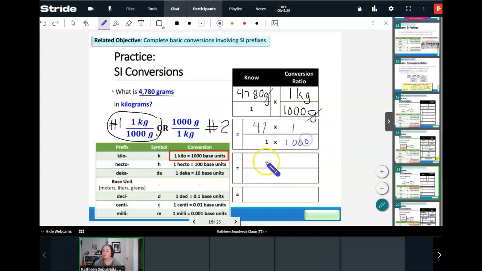I'm going to put 4,780 on top here and 1,000 on the bottom. Now I have a simple division problem. Remember, fractions are simply a division problem. So now I'm going to plug 4,780 into my calculator, push the division sign, and put 1,000. What do I get?